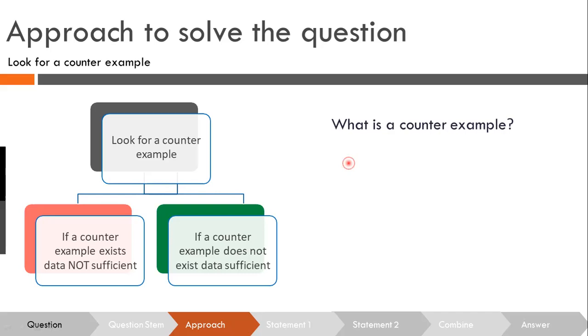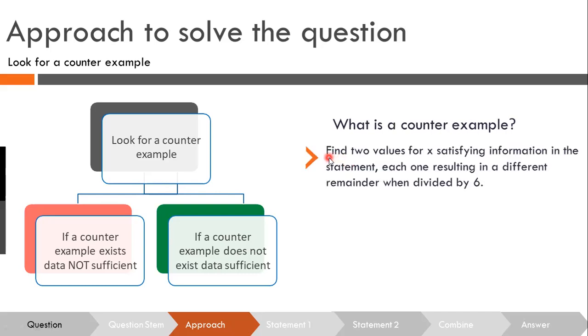There are so many examples. Please read this one. Find two values for x satisfying the information in the statement, each one resulting in a different remainder when divided by 6. So this is a counterexample. If you can find two values of x, because if you know x you can find the remainder, since the divisor is also given, and every time you get a different remainder when divided by 6, that is called a counterexample.